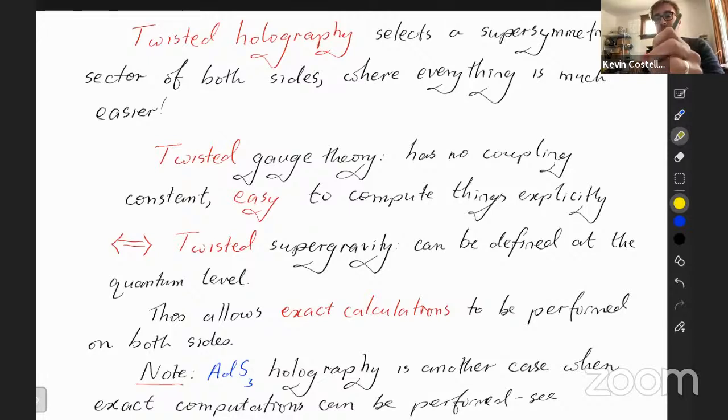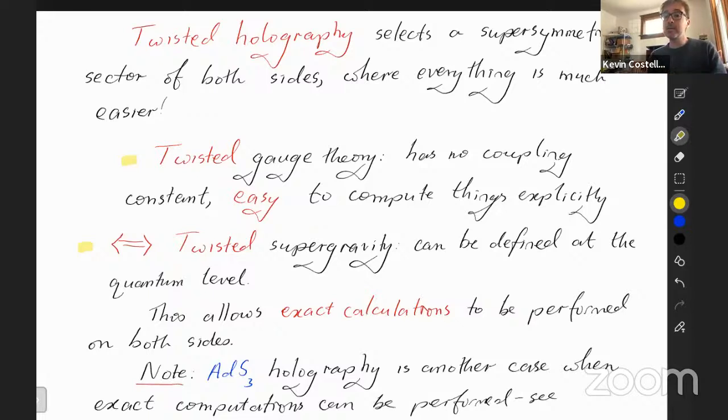Now on the gauge theory side, well, why is that easier? You'll find it has no coupling constant. The gauge theory is basically free. It's very, very simple. And on the gravity side, we find that the gravity side is a topological string, but it's also much easier to understand than the physical string.